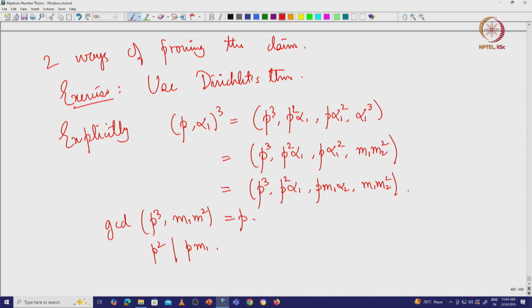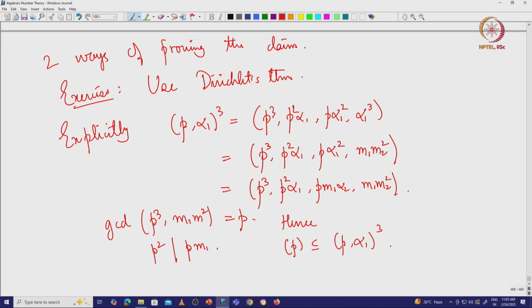So, p squared will divide p times m1, and so you can always take a linear combination of the first and the last element so that you can get p, and then all the multiples of p will also be here. Hence p is contained in p alpha 1 cubed.